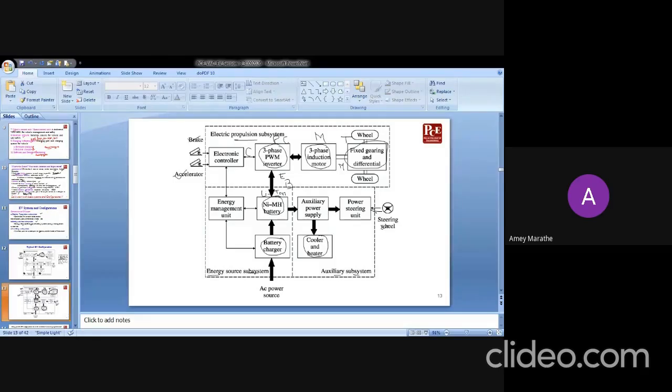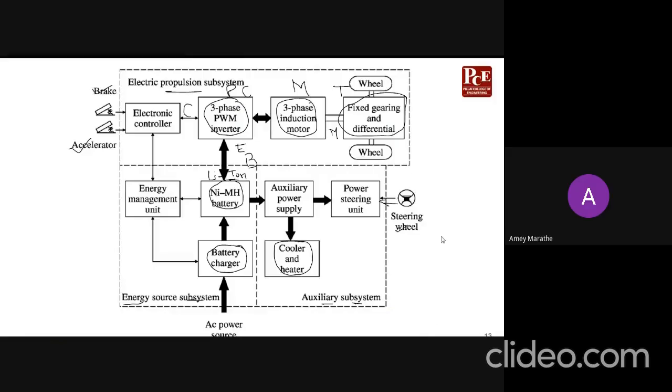So now what we are going to do is, based on these three subsystems, we are going to see different EV layouts. Let me just go back to the screen, and after this I will come back again to take some more questions. So based on these three subsystems, I'm going to talk about the different EV layouts.